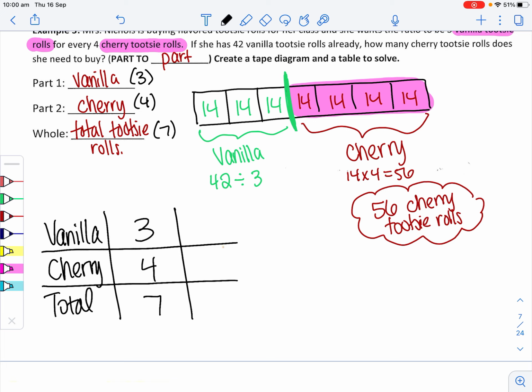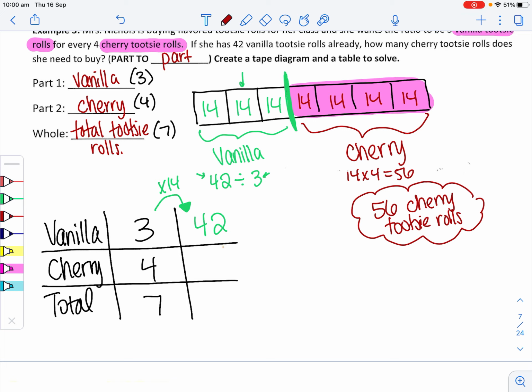Now I'm going to do the same thing that I did in my tape diagram. I'm going to use that 42, but now I'm going to put that 42 in the vanilla section of my table. And I'm going to say, okay, how do I get from 3 to 42? You're going to see some of those numbers repeat themselves. I can see the 3 up here, I can see the 42, and then here's the other piece of information I'm going to use, because I'm going to multiply 3 times 14 to get to 42.